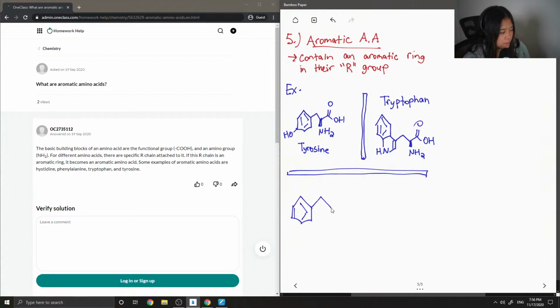This is one of the simpler ones, called phenylalanine. Alanine, sorry.